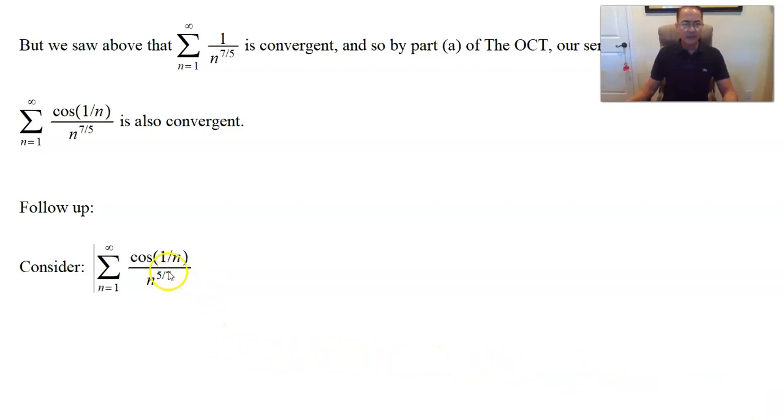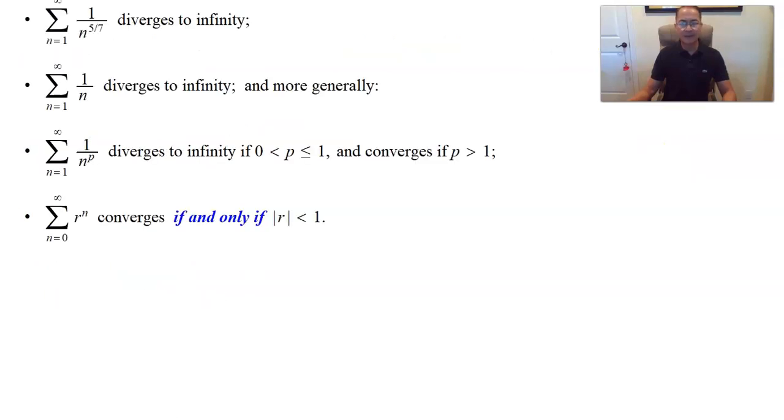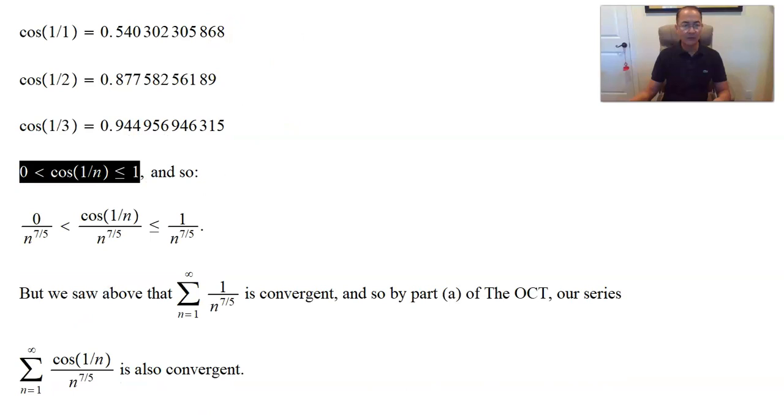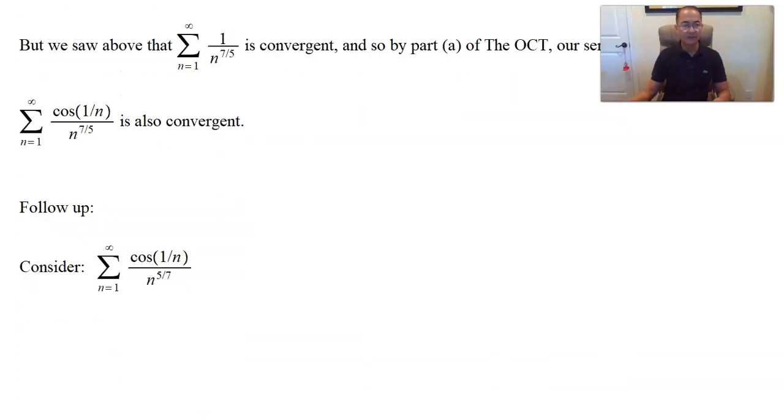So it's still true that if we divide all the terms in the compound inequality, this one, by n to the 5 over 7, that's still going to be true. That is a true compound inequality, and it remains true if we divide everything by n to the 5 over 7.